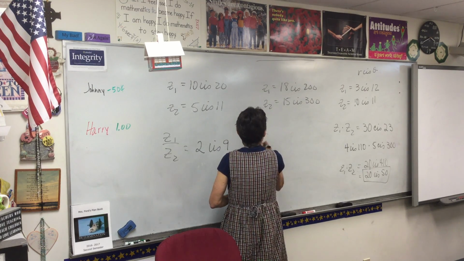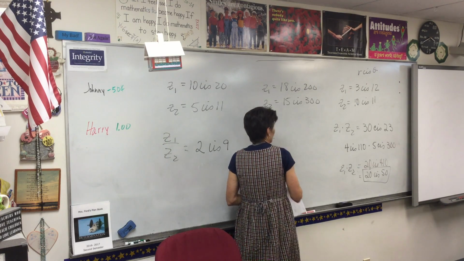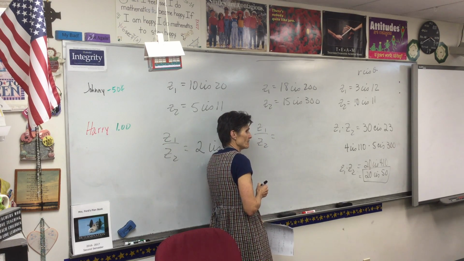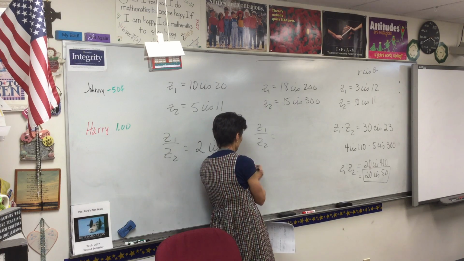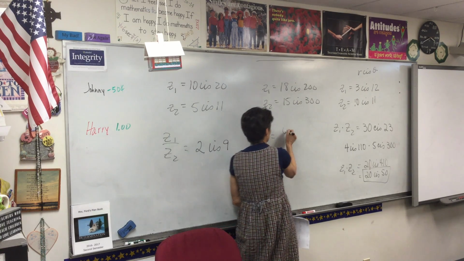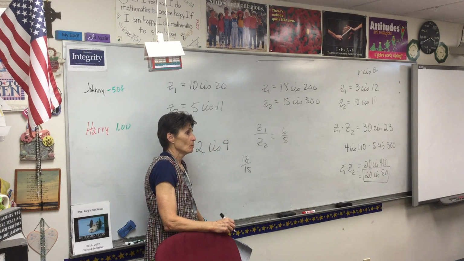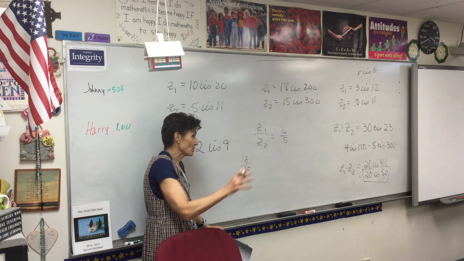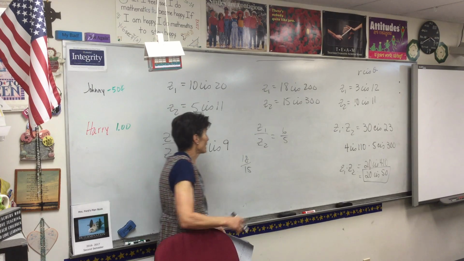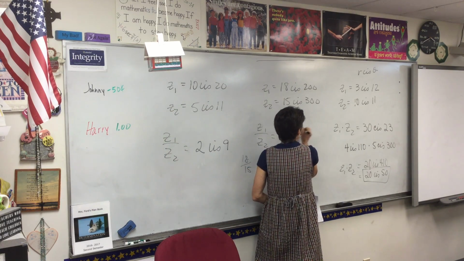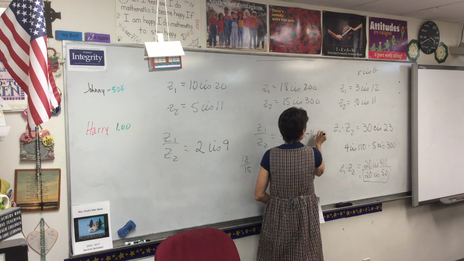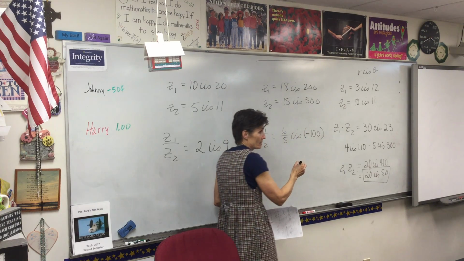So I divide, let's see, 18 over 15. 1.2. 1.2 or 6 fifths if I just leave it as a fraction. 1.2 is fine. 1.2, 6 fifths. And then what? Negative 100.